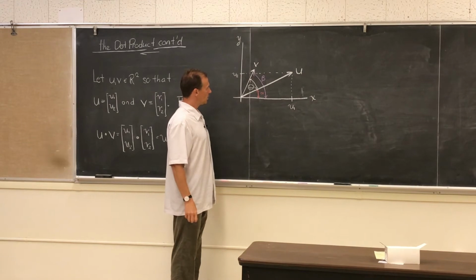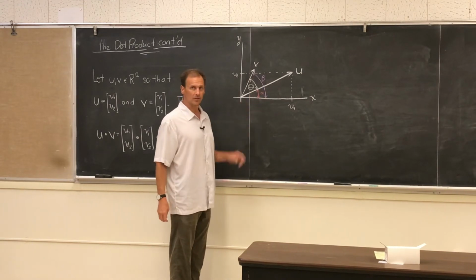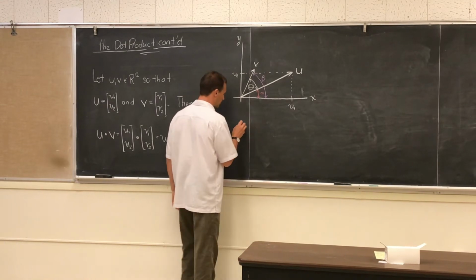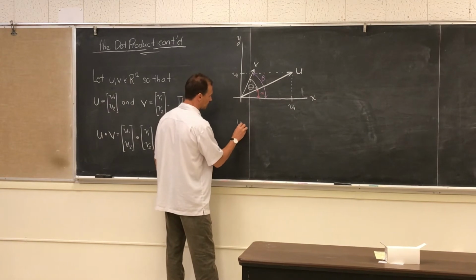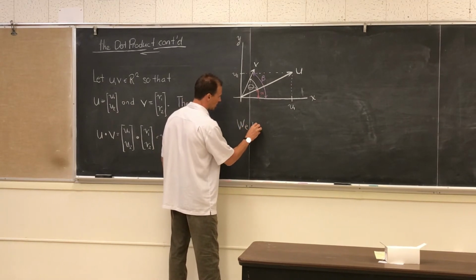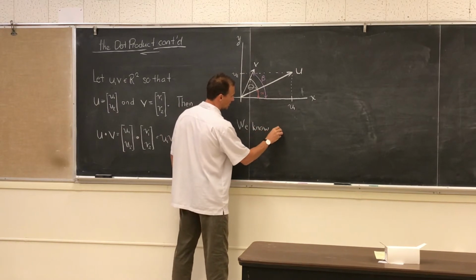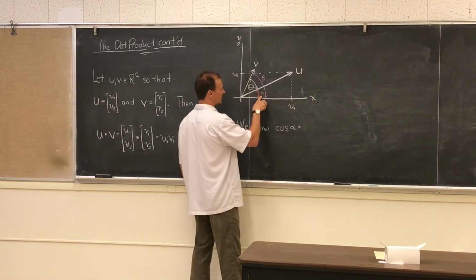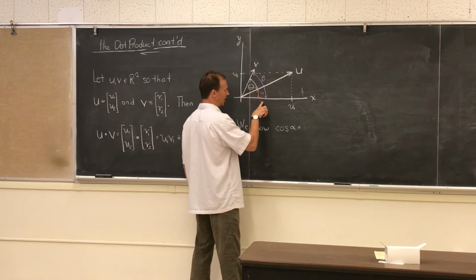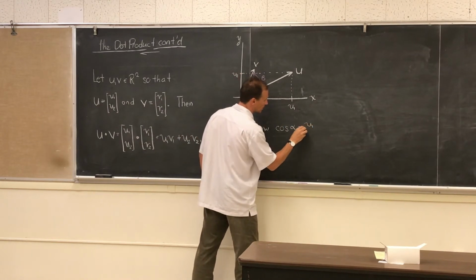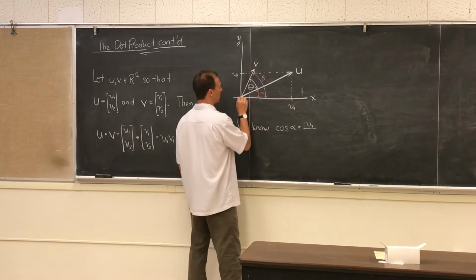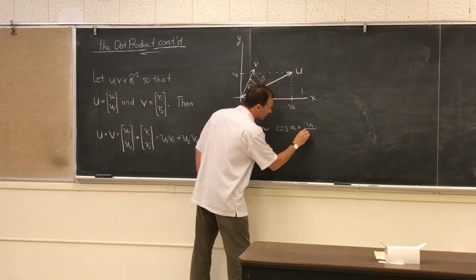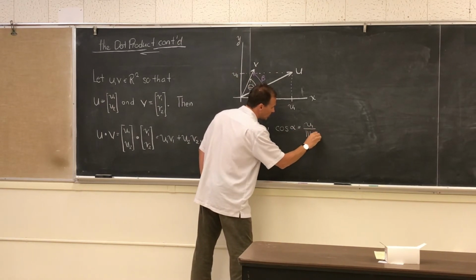Now vector U is at angle alpha, so we know that the cosine of alpha is equal to the adjacent side, that's U1, divided by the hypotenuse. The hypotenuse is not the vector U, it's the length of U. So this is over the length of U.